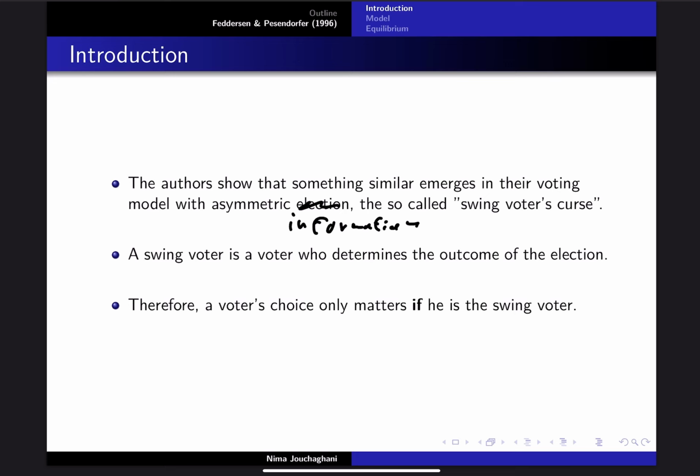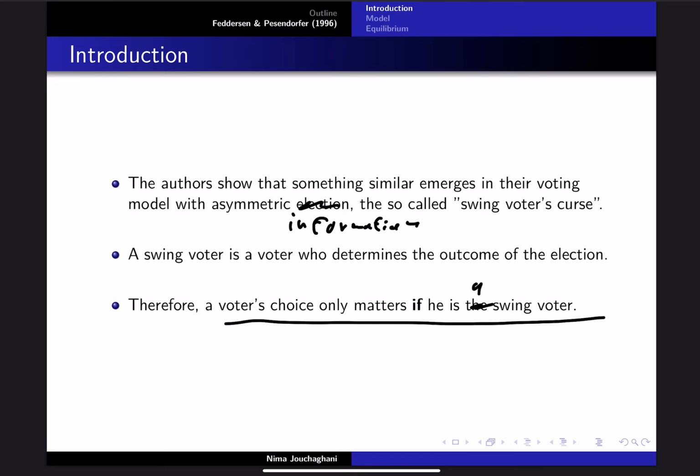Therefore, if you're a voter, your choice only matters if you are a swing voter. So only if you are an individual whose vote can change the outcome of an election, this is the only situation where your vote choice actually matters.